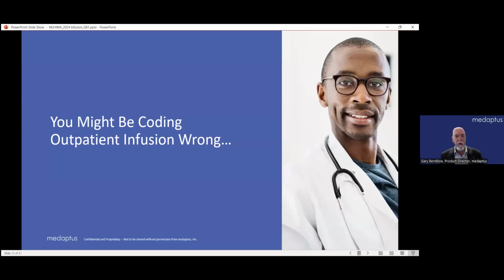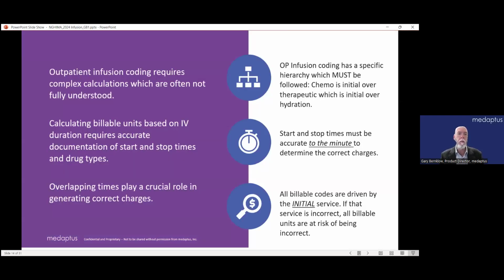So let's take a look at some common outpatient infusion coding situations that we've seen in some of our audits and what you might be doing that aligns with some of these problems. As I mentioned, outpatient infusion coding requires complex calculations, which are often not fully understood.